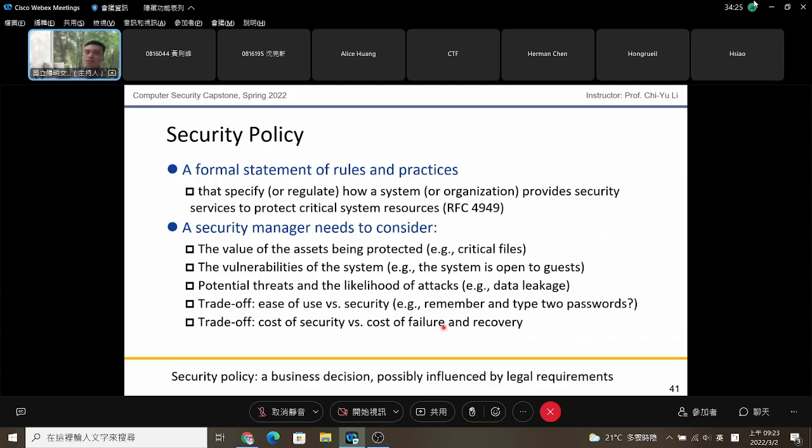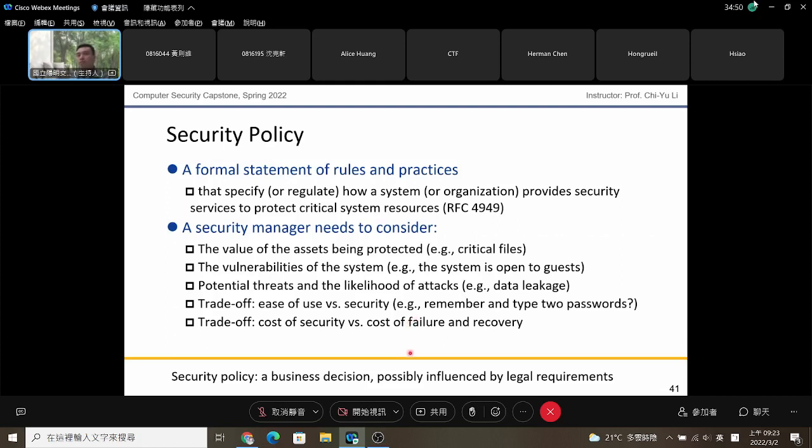Okay, so security policy is based on what we just talked about, the trade-off. Actually, it is a business decision, because maybe the company does not have enough resources or money to deploy the security mechanism. Then they do not need to do it.